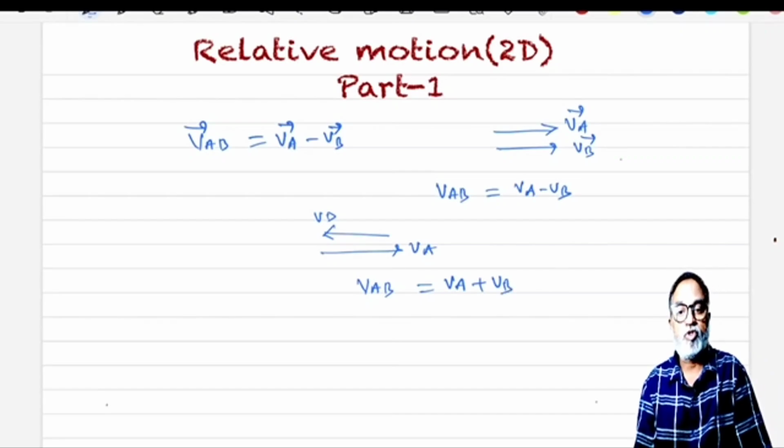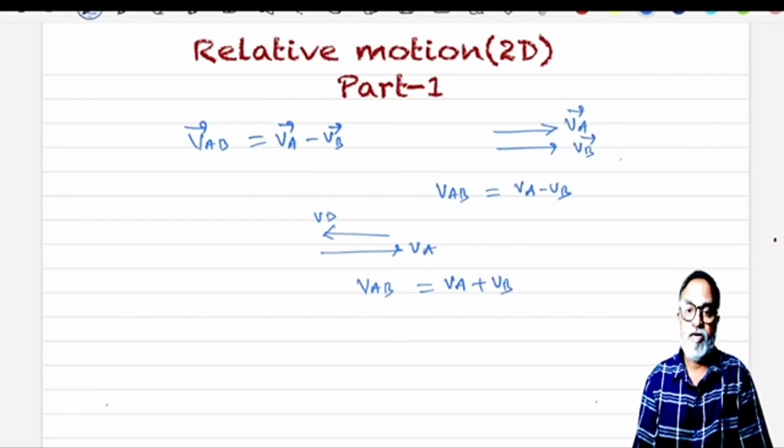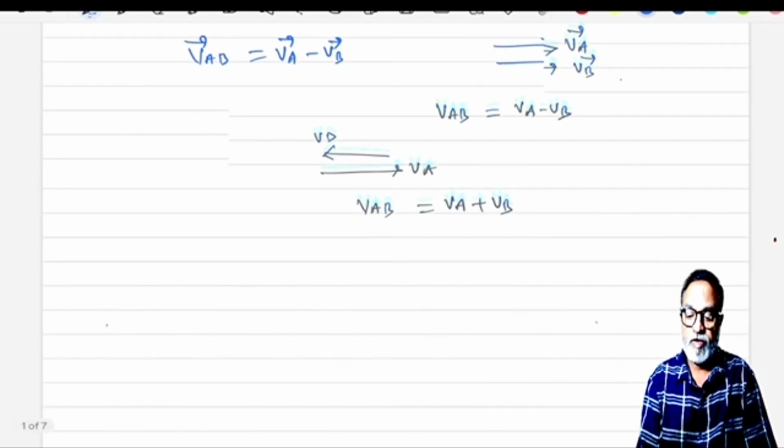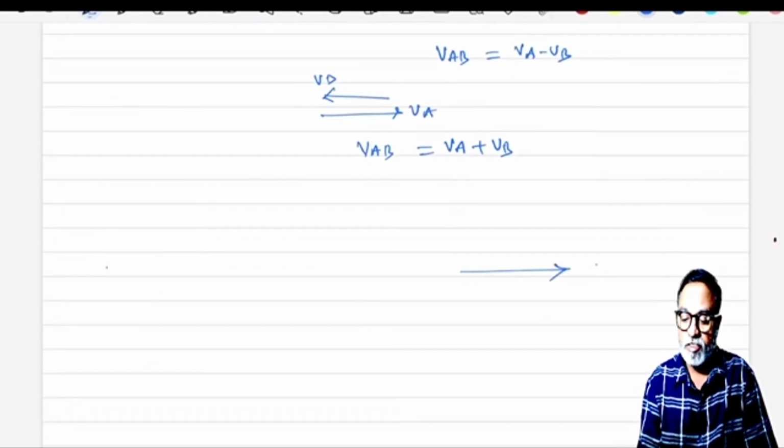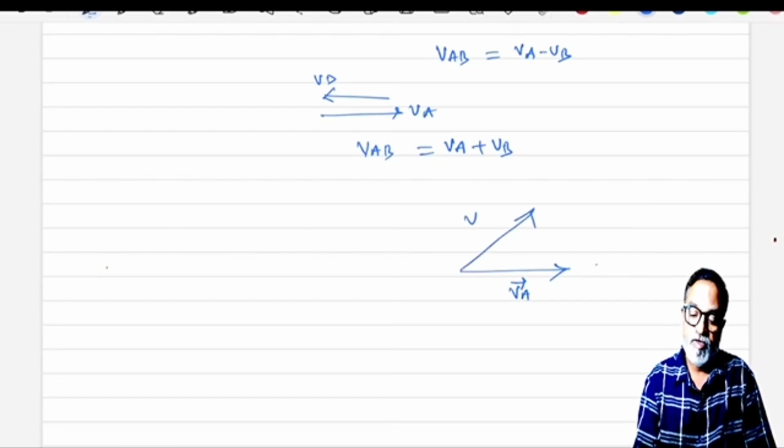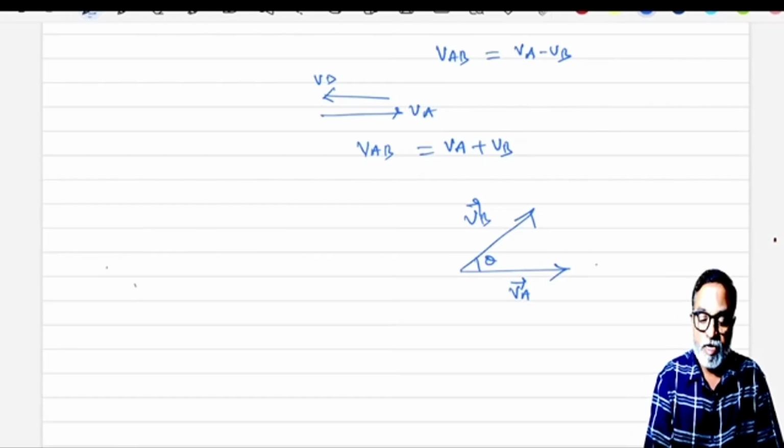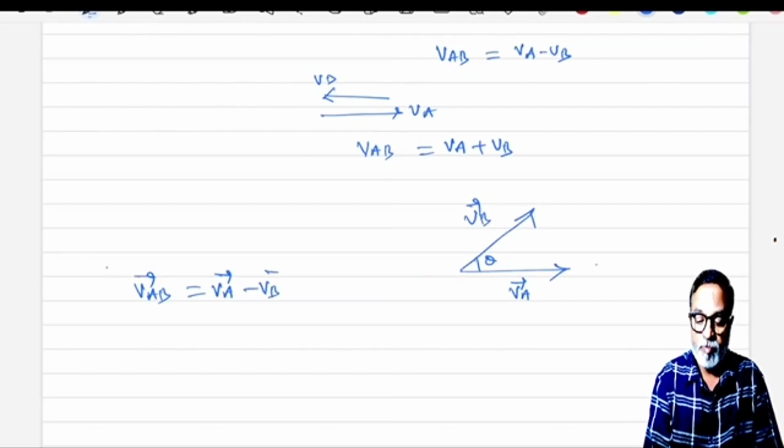But in 2 dimension motion, they are not moving in the same direction or opposite direction. There is some angle between their velocities. For example, here is VA bar and this one is VB bar, and theta is the angle between them. Then velocity of A with respect to B is equal to VA bar minus VB bar.